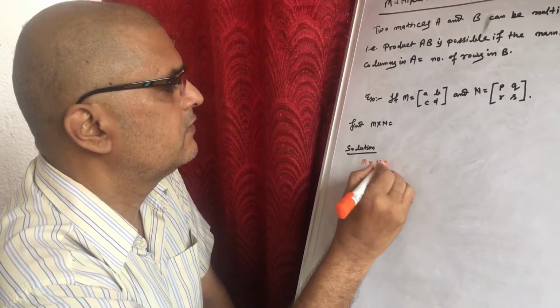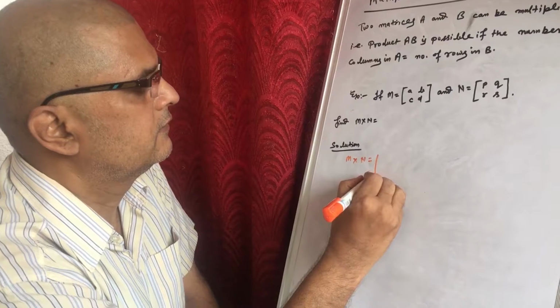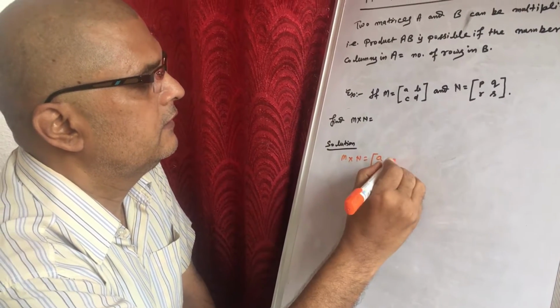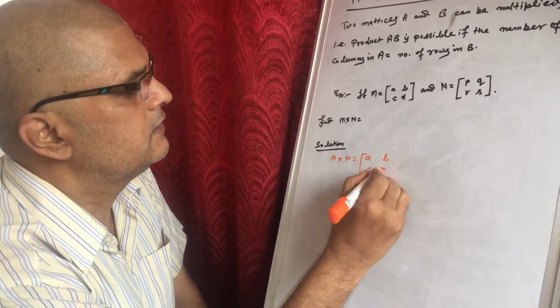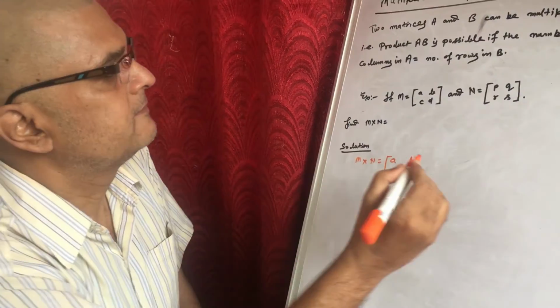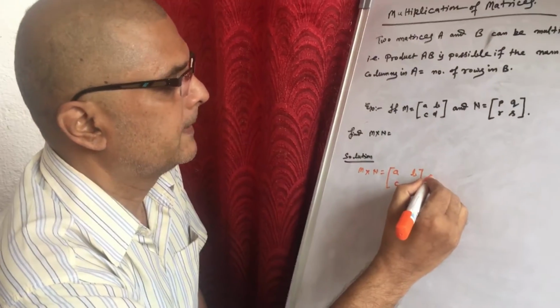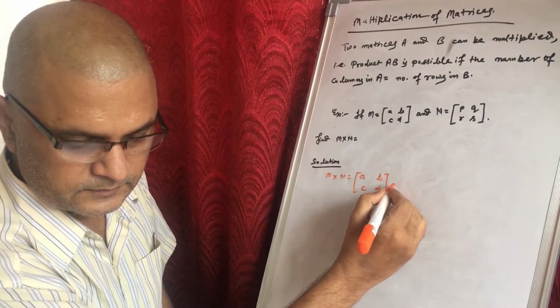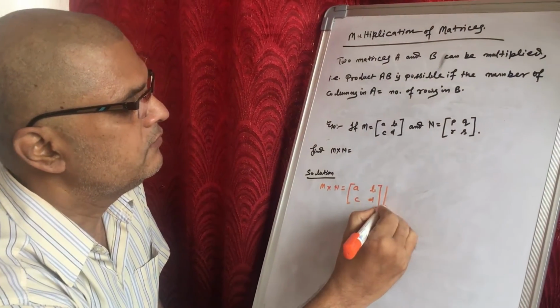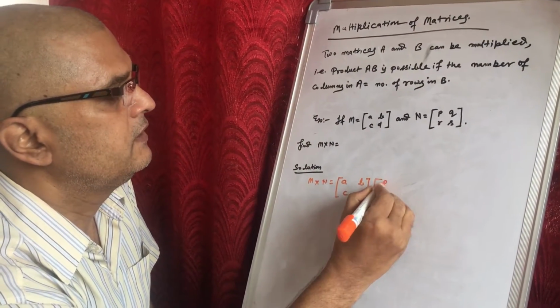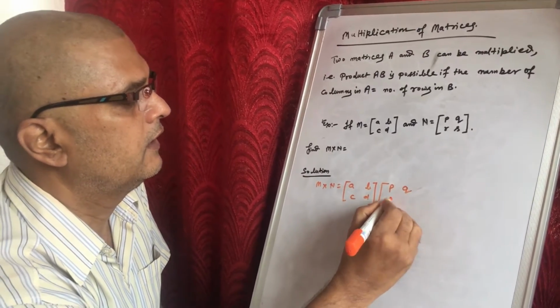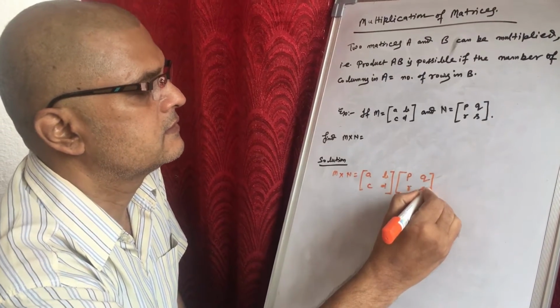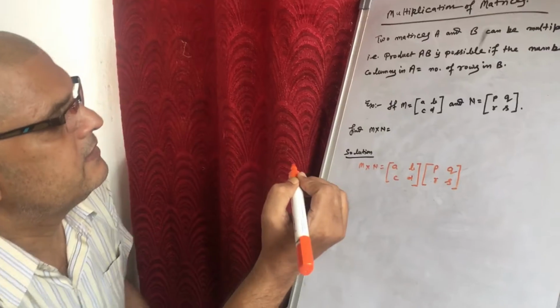M into N is equal to what? A, B, C, D into P, Q, R, S. Now, how to multiply it?